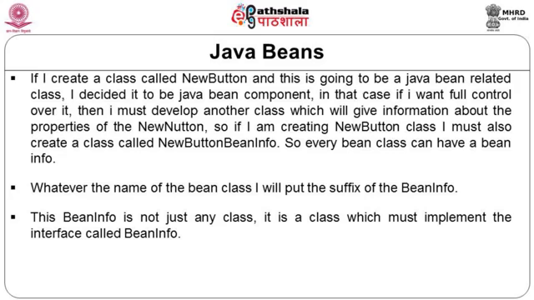The convention is clear: whatever is the name of the bean class, put a suffix of bean info, and that should be the class used as the bean info. Of course, this bean info is not just any class; it is a class which must implement an interface called bean info. We have this interface called bean info in the java.beans package.